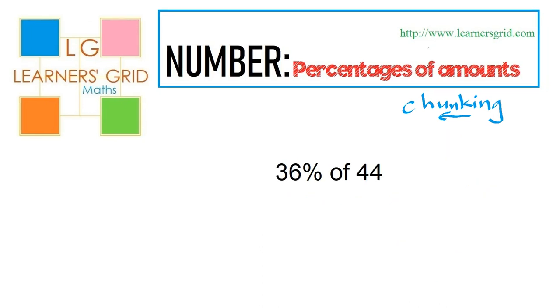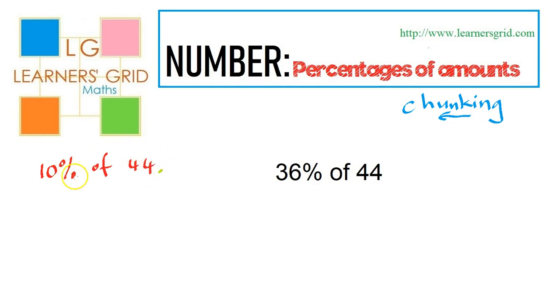Now, while we're on a roll, let's do another one. 36% of 44. This one is going to be a little bit trickier. Let's deal with 10% first. So I'll move over here and go 10% of 44. Remember, the decimal point when you can't see it in a number is at the end.